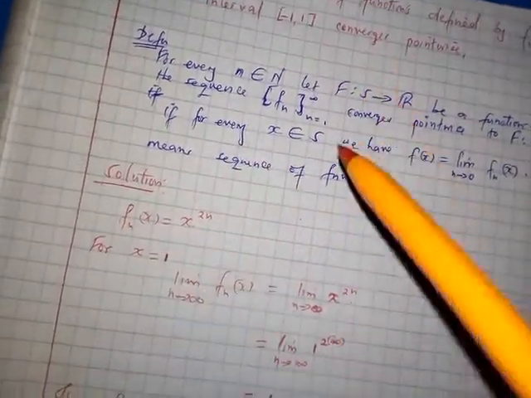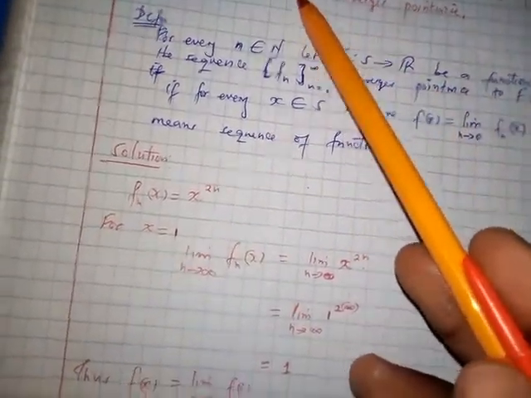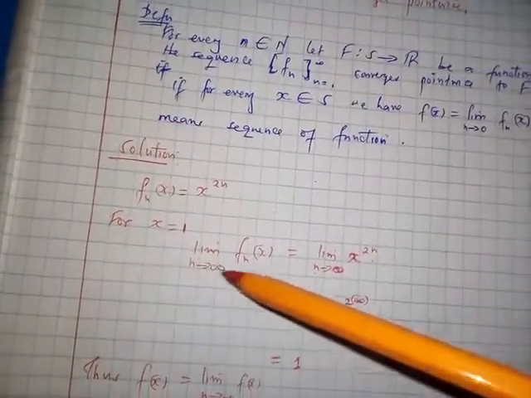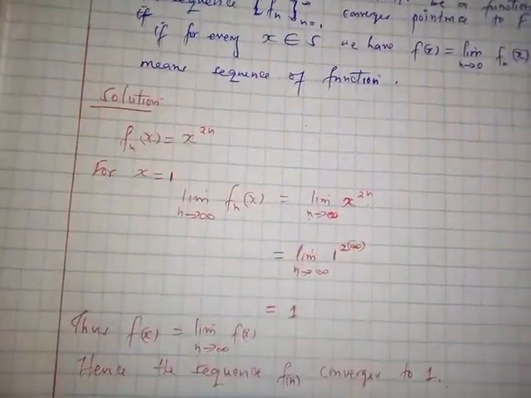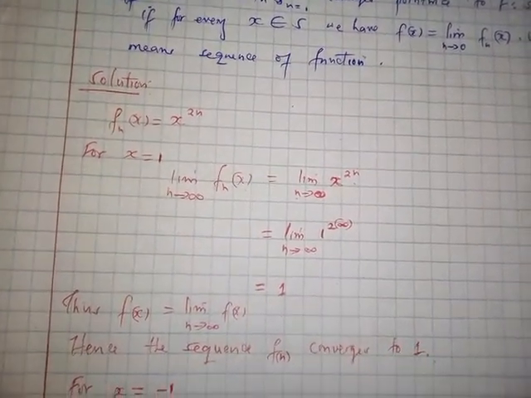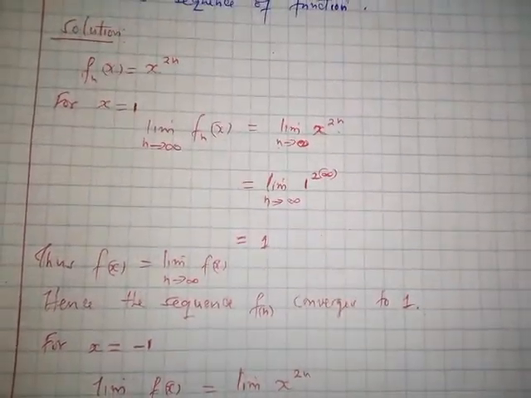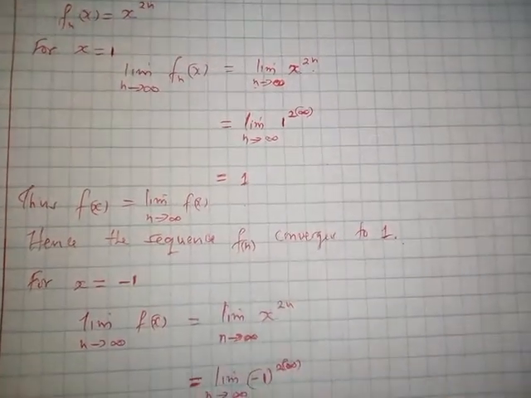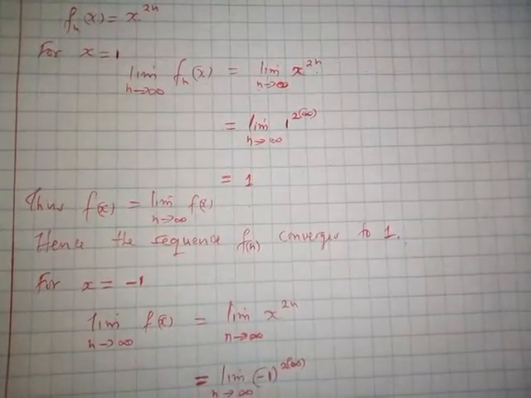In our case we are given -1 and 1, so we substitute 1, then -1, and we can see that the sequence f_n converges.